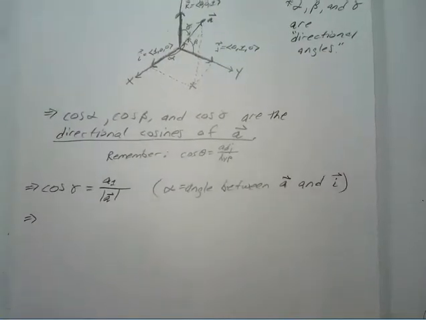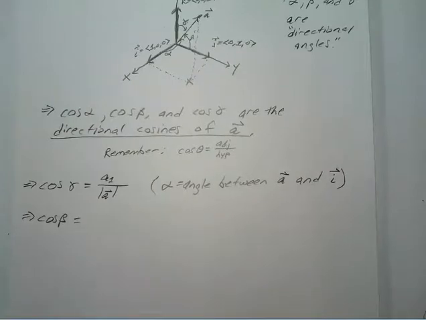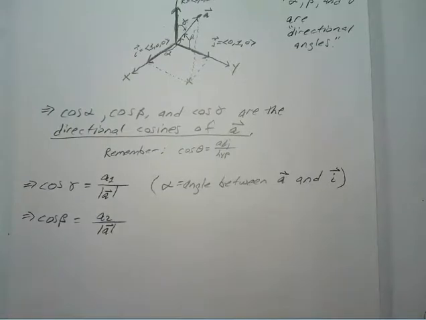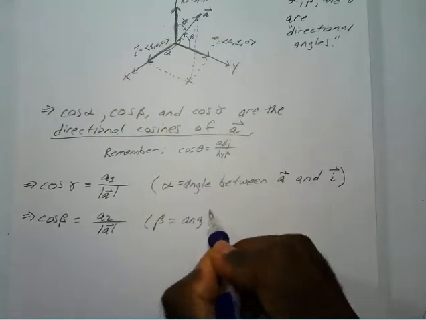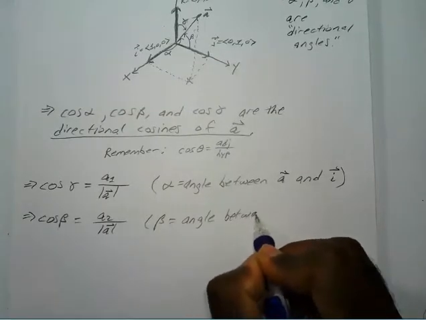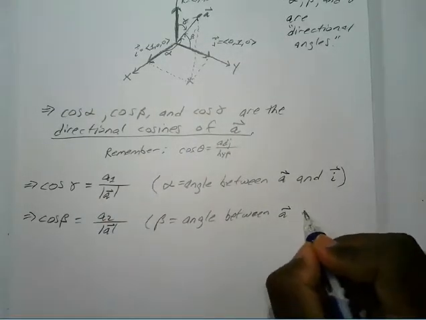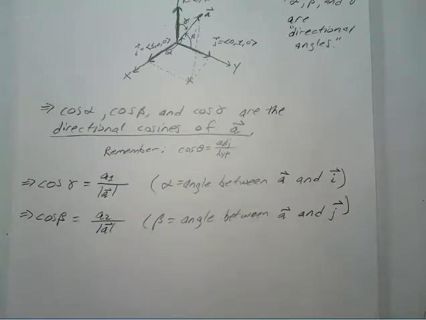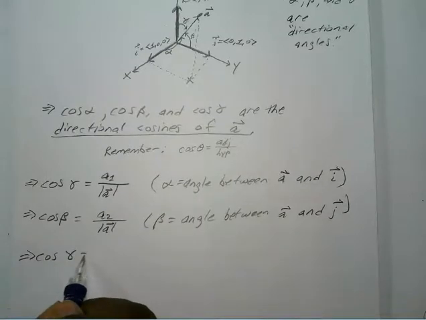Now what if we had cosine of beta? That's equal to our second component divided by the magnitude of the vector. In this case, beta is equal to the angle between our vector A and our J vector. Now what about cosine of gamma?